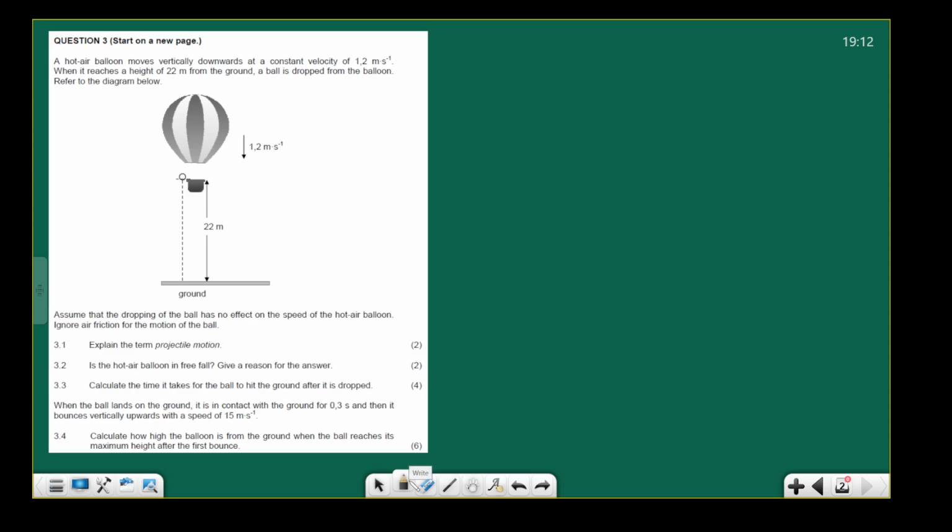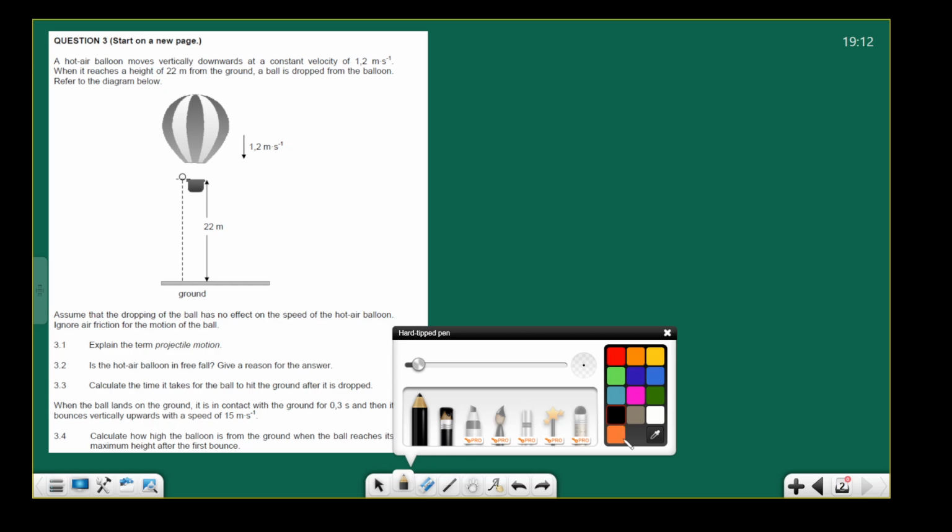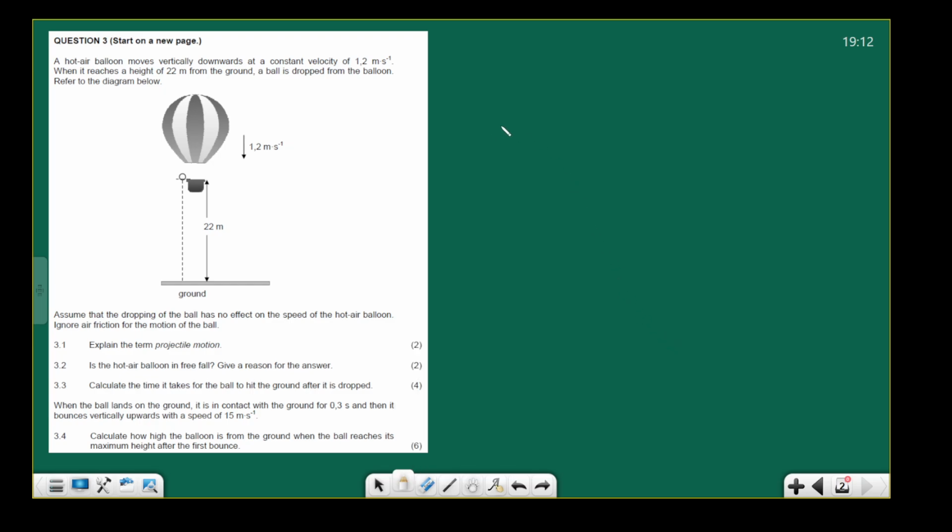On hot air balloons, what you need to take note of is that the balloon itself is moving.